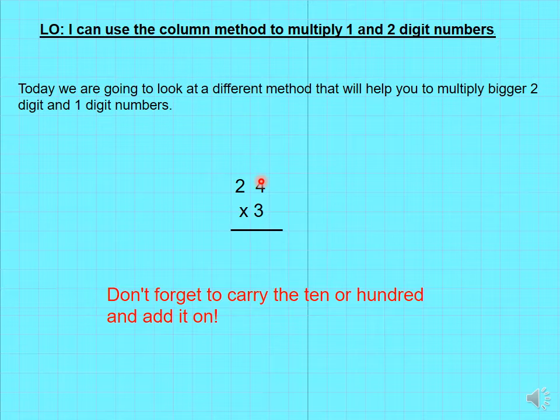We must make sure we put our multiply symbol down so that we know we are multiplying, not adding, and then we put the number that we are multiplying below in the ones column, okay, because we are just multiplying a 1-digit number, not a 2-digit number, so therefore it must go in the ones column. Okay, and then this is really important, don't forget to carry the tens or the hundreds into the next column, just like we do with column addition, but I will explain that a bit more as we go on.